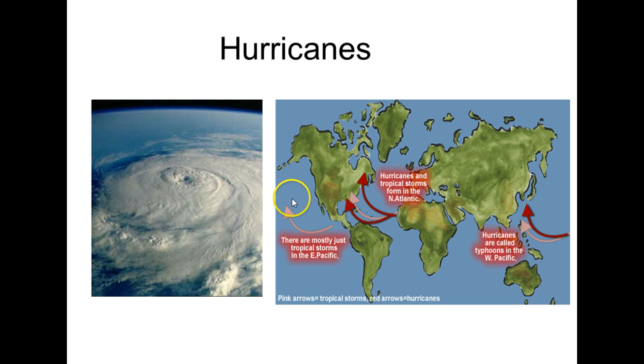So we're moving west when we go in this direction, so we call this the western Pacific. And then hurricanes and tropical storms form here in the North Atlantic, but we're going to see that they're fed by energy from the water in the South Atlantic. They're mostly called tropical storms in the Eastern Pacific, like around Hawaii and California.